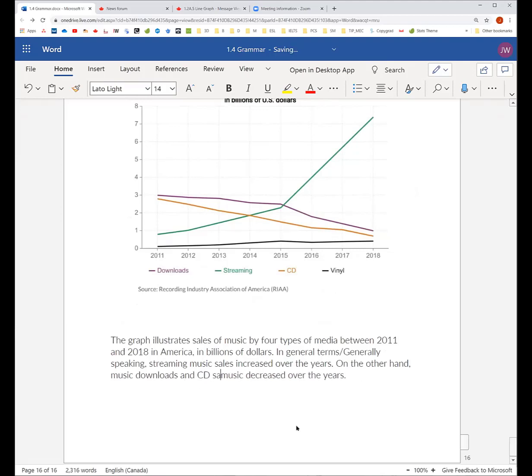Decreased over the years. Okay. So we don't need to say that. This is fine right now. Now we're just missing vinyl. Where do we put vinyl?